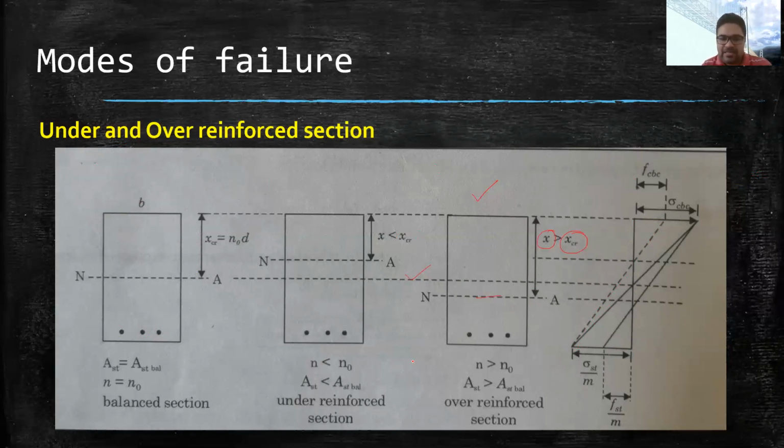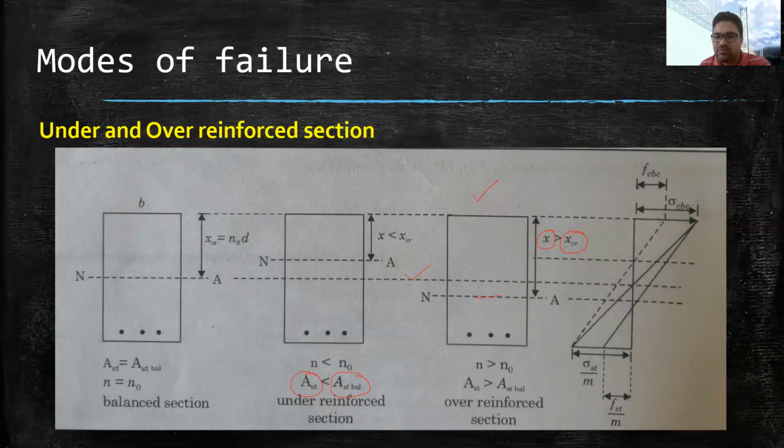And one more thing I missed: in case of an under reinforced section, the area of steel will be lower than the area of steel of the balanced section. Whatever steel we have provided in the balanced section, the tensile area of steel in the under reinforced section will be lower than this. Because of that, steel will fail first.